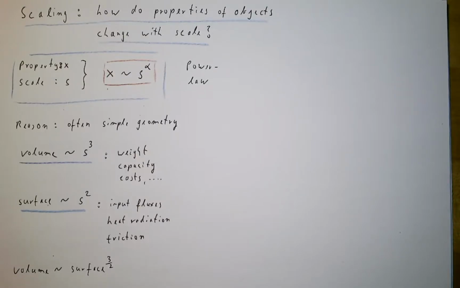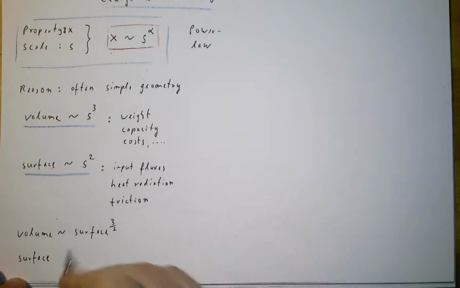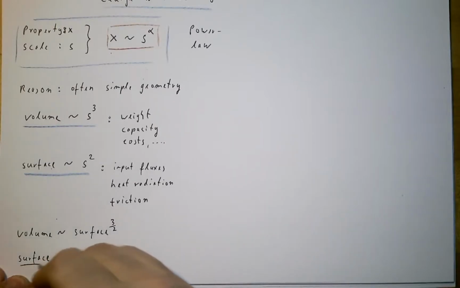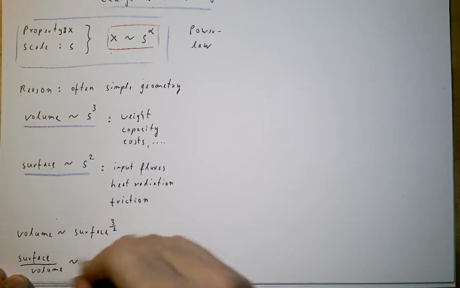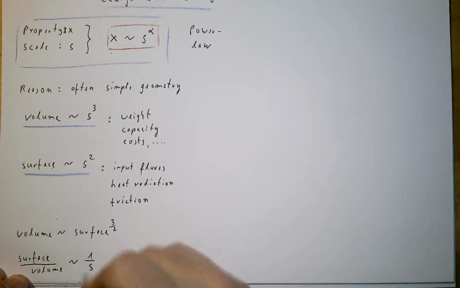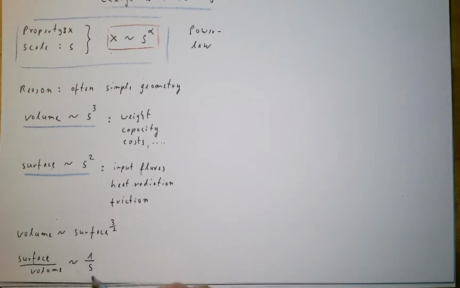Or if you have a ratio of surface to volume, then this scales with one over the size of an object. This means the larger an object, the less important is the surface in comparison to the volume.